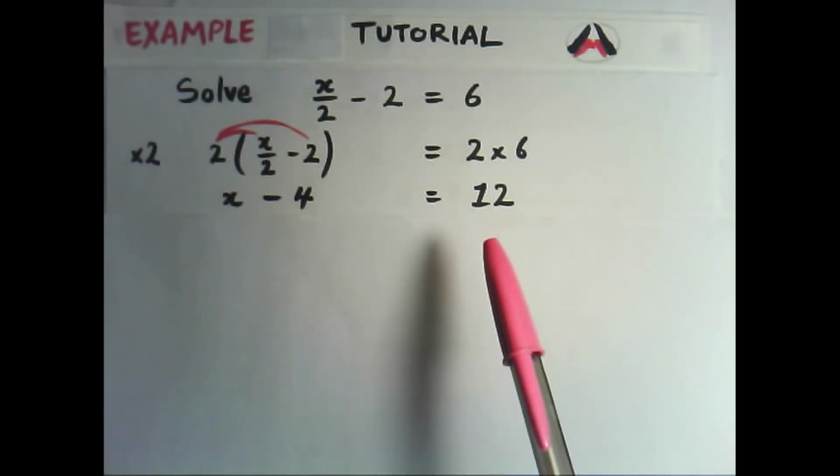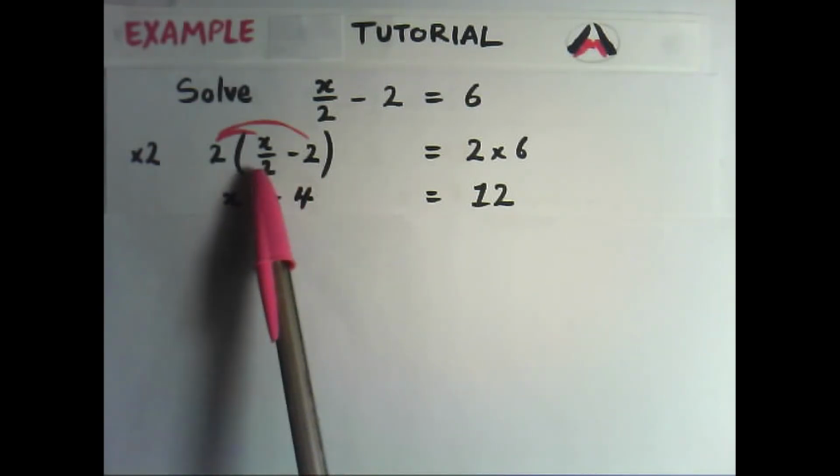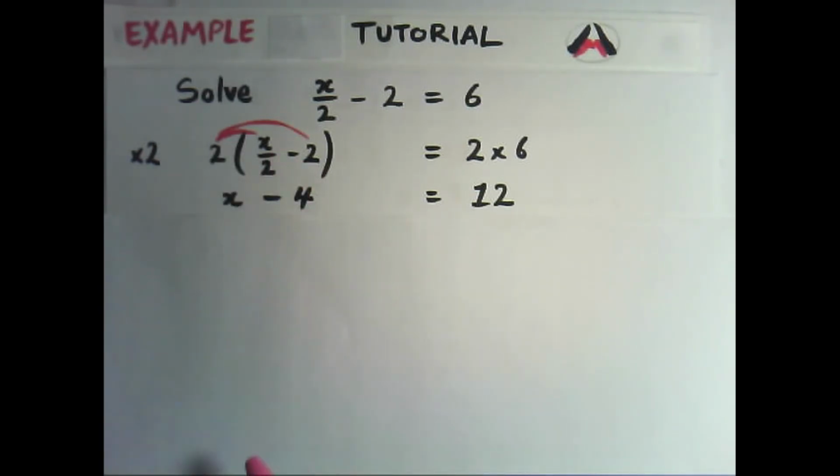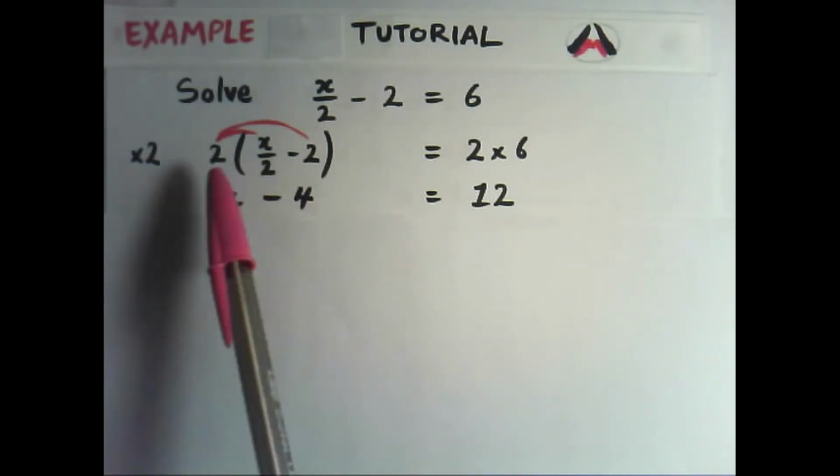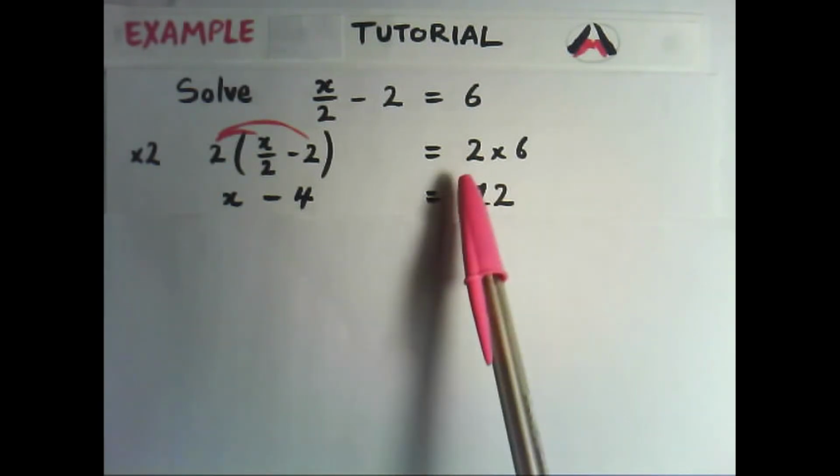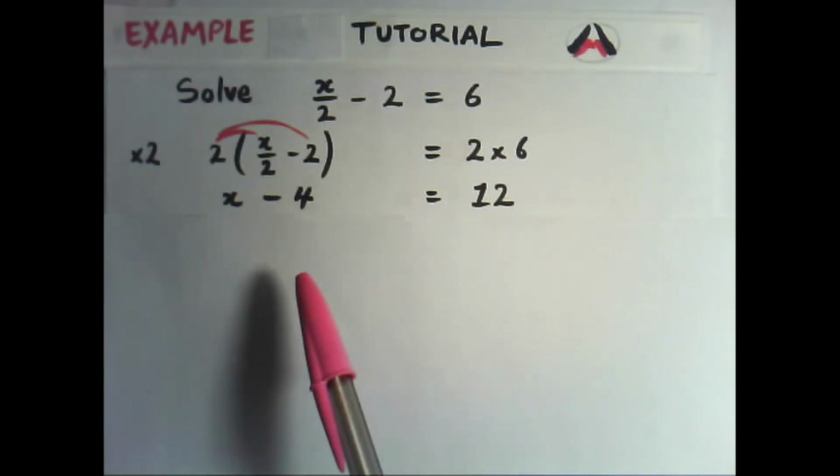Now, for the next part of the solution, we look at this negative 4, and we want to think about the opposite or the inverse of negative 4 or subtracting 4. So that would be to add 4. So if we're going to add 4 to the left-hand side, we also need to add 4 to the right-hand side to maintain balance.